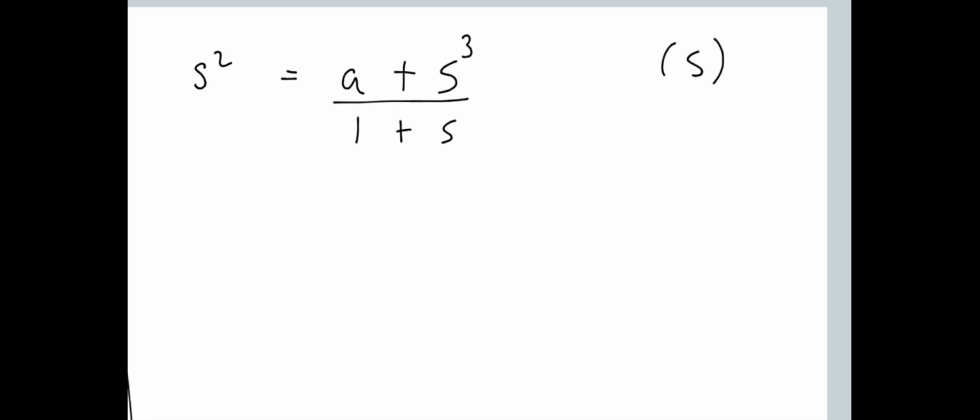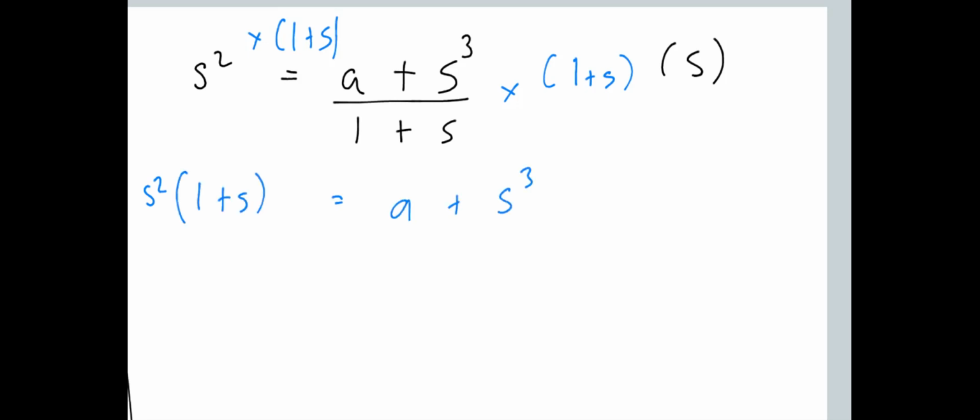Almost always, the safe bet is to multiply both sides by a denominator if there's one there, almost always. So we get that, which leaves us with s squared outside of 1 plus s is equal to a plus s cubed. Okay, now we're going to do expansions formally a little bit later on. This is not that complex.